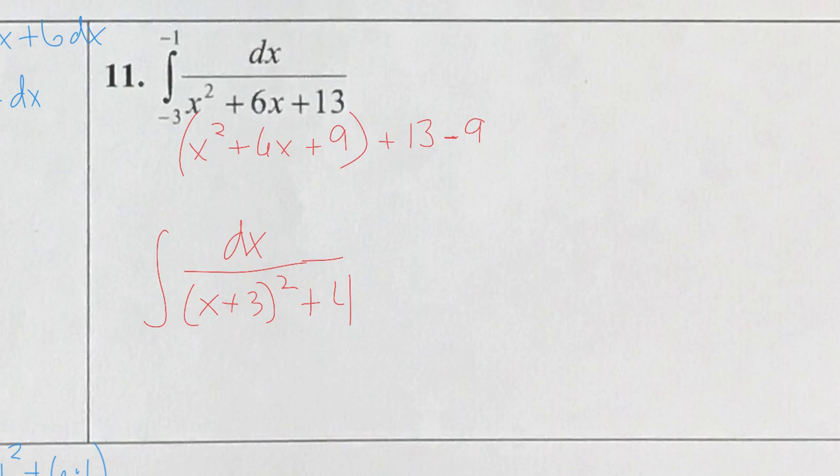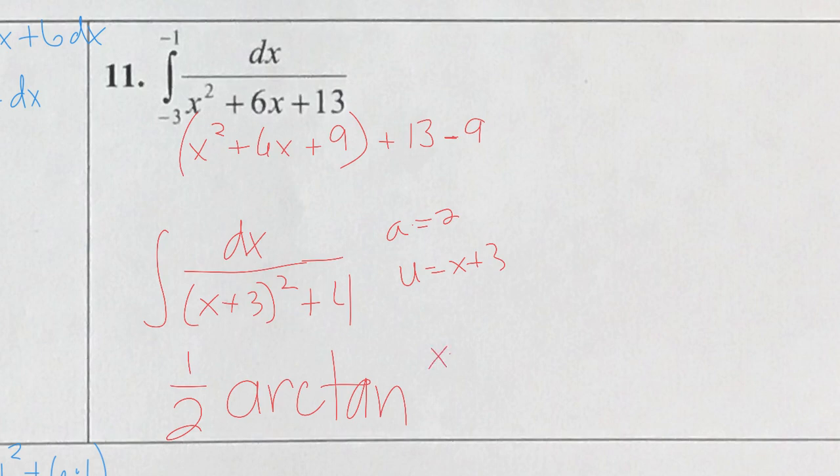At one point in your life you're going to. This is an arc tan antiderivative, with an a value of 2, because that's your square root of 4, and a u of x plus 3. So we have 1/2 the arc tan of x plus 3 over 2, and we're going to evaluate that from -3 to -1.